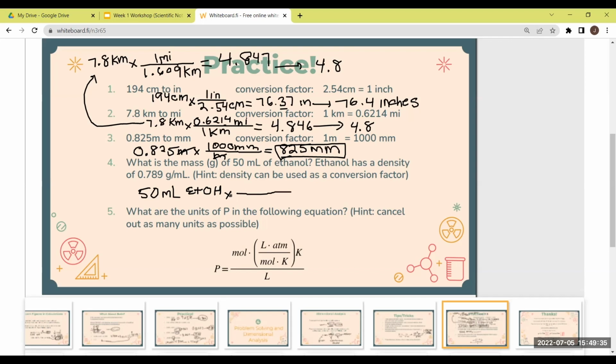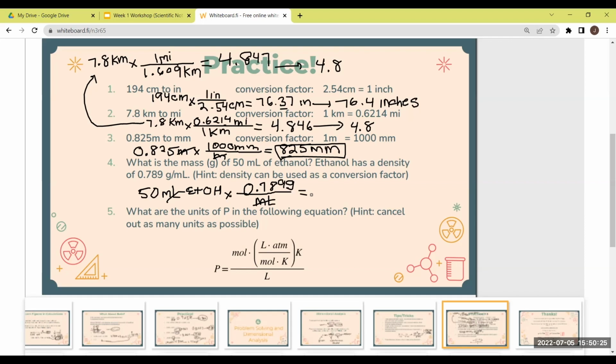And so our conversion factor is density. What we want here is for our milliliters to cancel out, so we put milliliters in the bottom. And then what we're looking for is the mass in grams, so we put the density, 0.789 grams, on top. If we cancel it out, we get a final unit in grams.